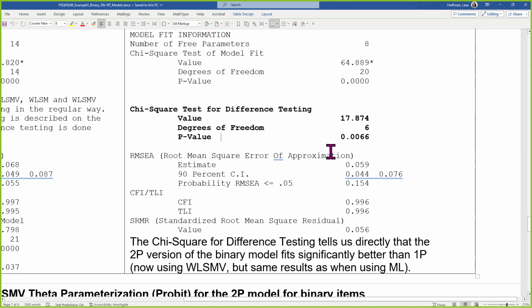That's the analog to the likelihood ratio test. And so this tells me directly that there is a significant difference between the model with all the loadings being equal, which is this one, versus the model in which they're all separate, saving 6 degrees of freedom. And so therefore, the one with their separate fits better. Same conclusion as when we had the full information estimator.